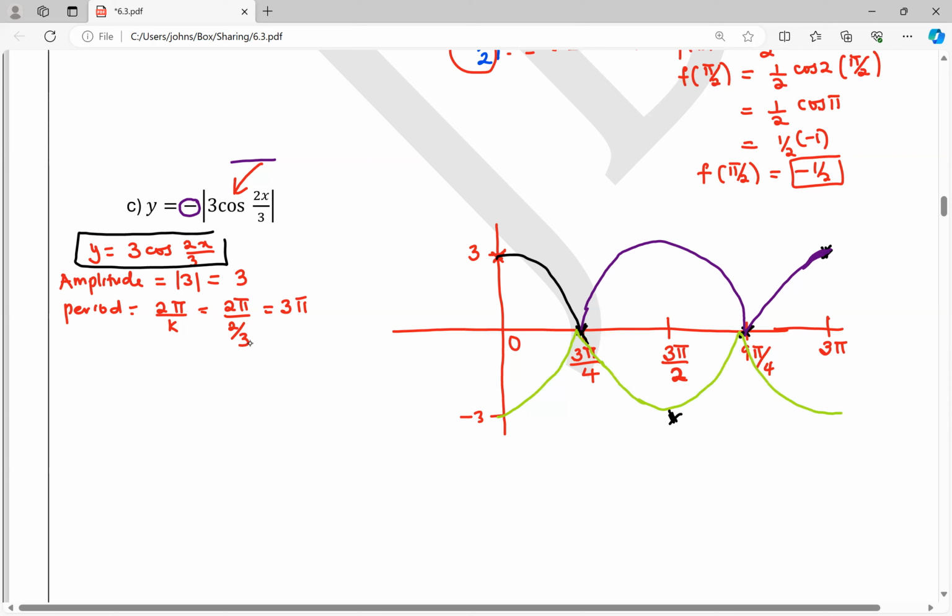So we can remove all of this one. So this is our final graph, which is the graph of minus absolute 3. No, the 3 is inside. So you have 3 cosine of 2x over 3.